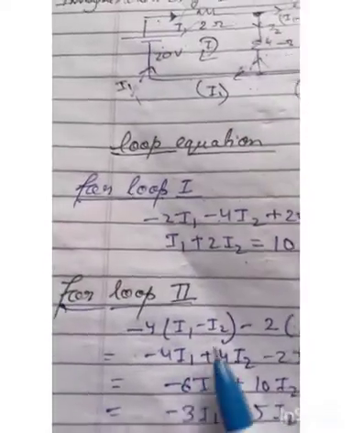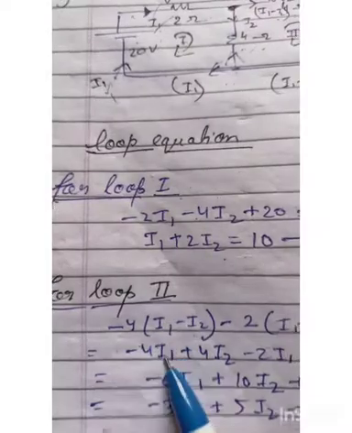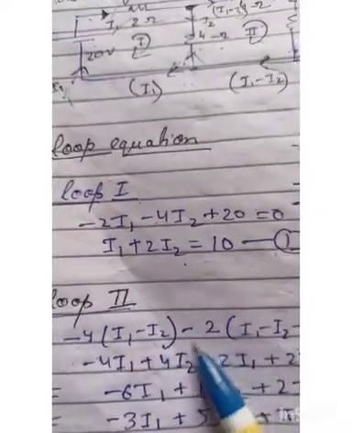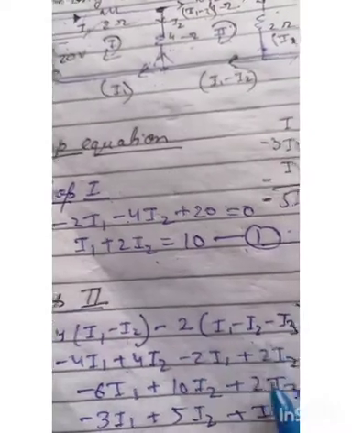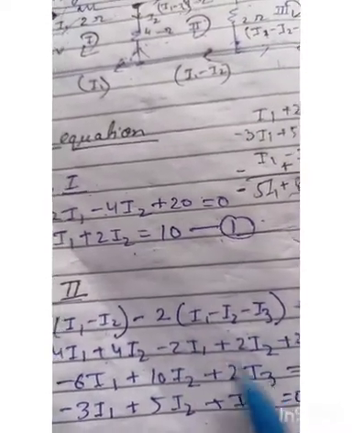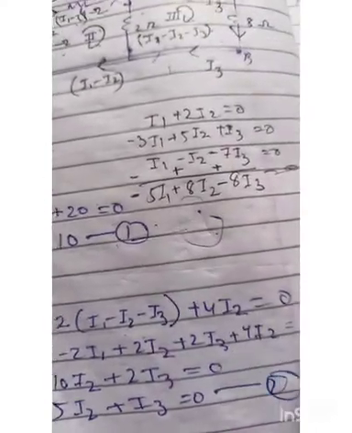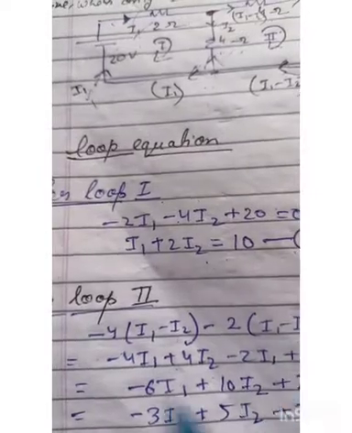After solving that, we get minus 4I1 plus 4I2 minus 2I1 plus 2I2 plus 2I3 plus 4I2 equated to 0.